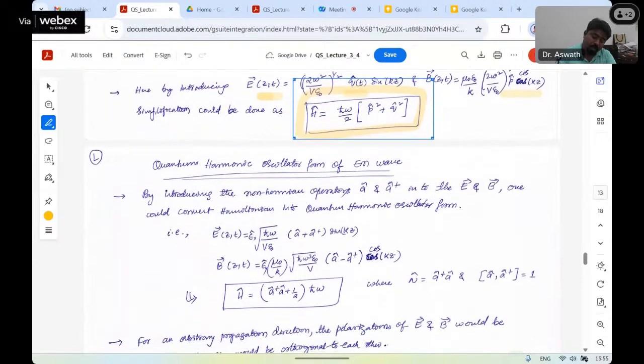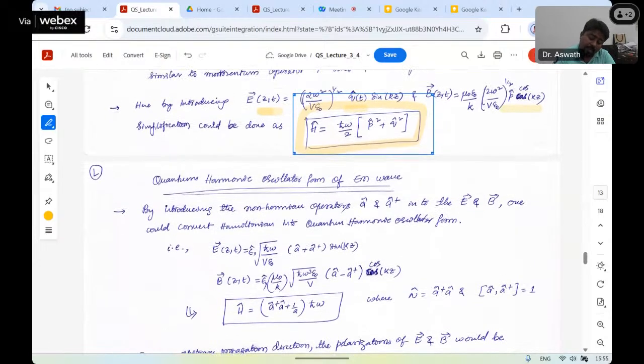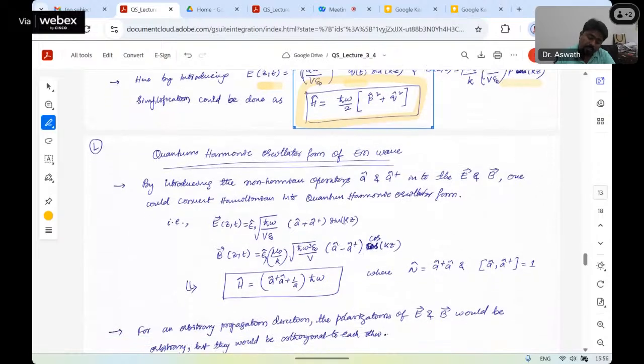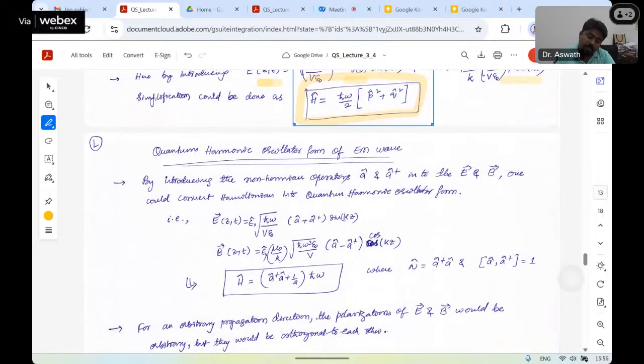Now I have quadratic terms, just like I did for the harmonic oscillator. I want to reduce quadratic to linear terms. What I do is introduce creation and annihilation operators. So how did I do it? I just convert P and Q in terms of annihilation and creation operators, the same way I did in the previous case.